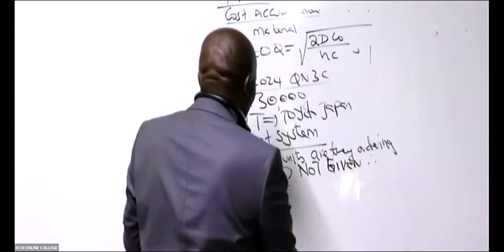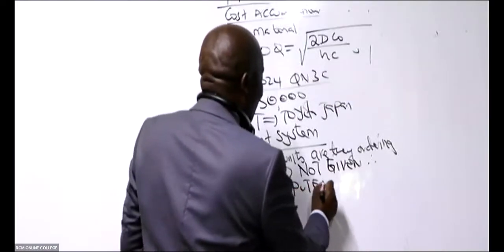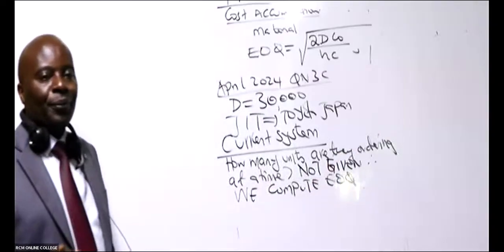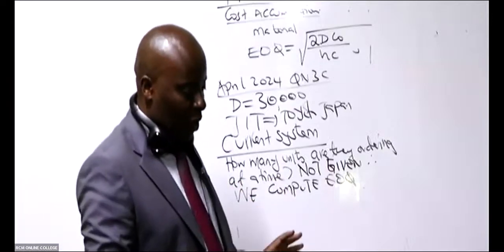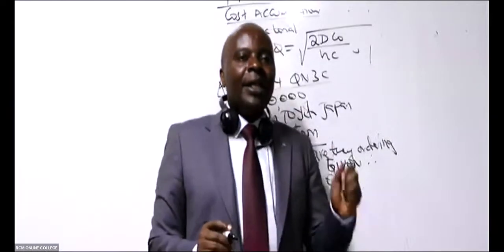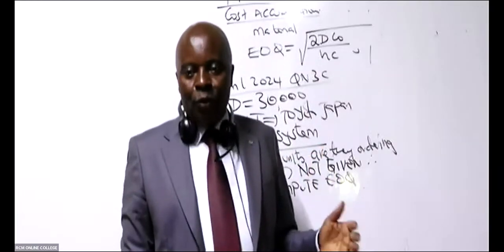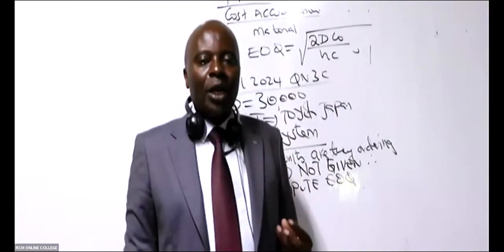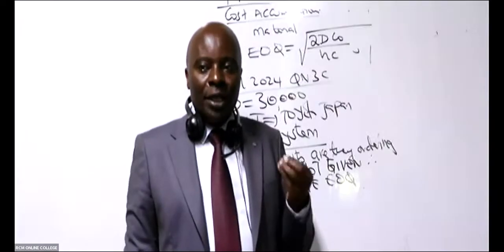Under this current system, nowhere have they told us that, for example, every time they are ordering 2,000, 3,000. So in the absence of a quantity being given, being prudent, we would always want to minimize our cost, and therefore we shall order the EOQ.